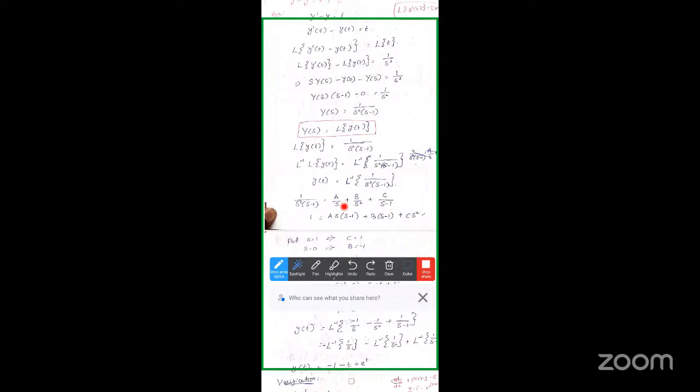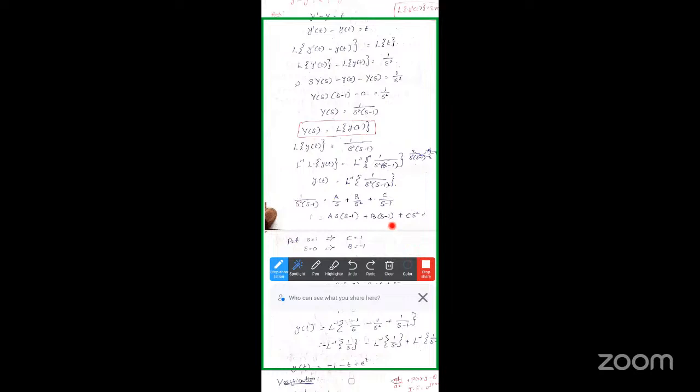Next, taking LCM on RHS, A into s into s minus 1 plus B into s minus 1 plus C into s square. After taking LCM, we can compare the coefficients of s square, s and constant, or we can substitute roots of the denominator.